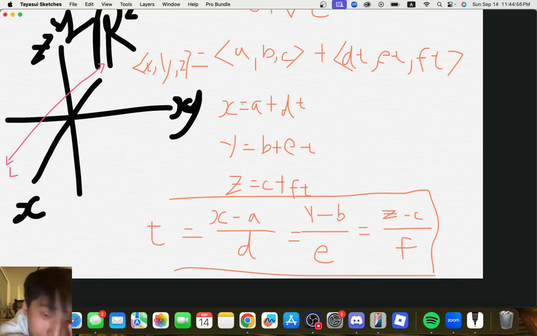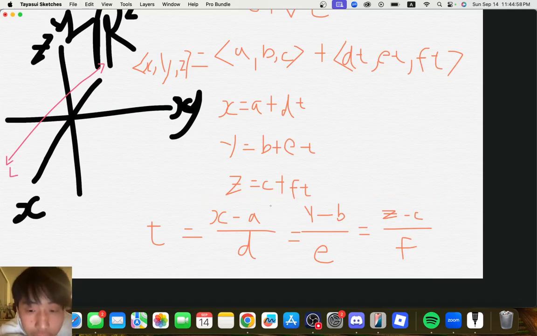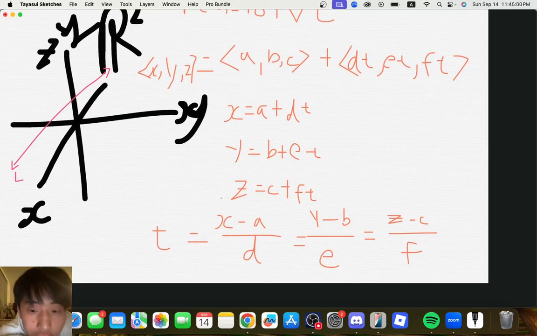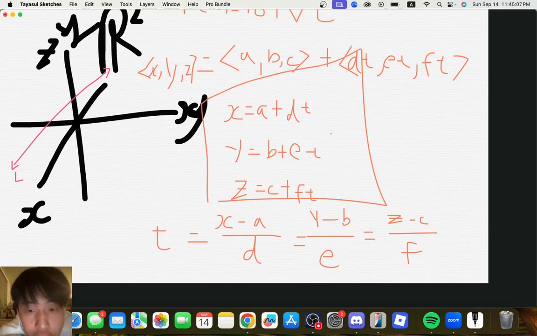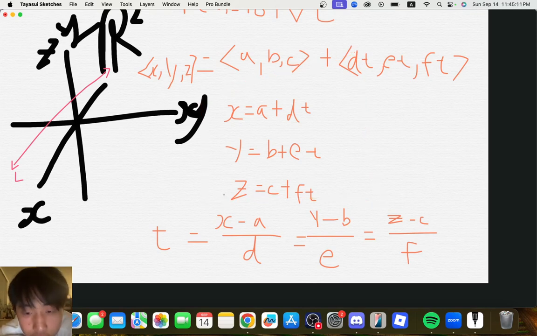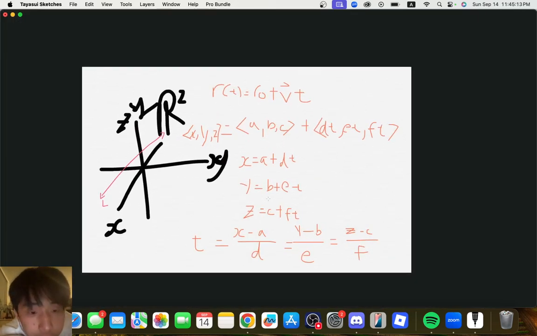and typically you're not really gonna use it. This isn't what you're really gonna use mostly, because these parametric equations are easier to use and more versatile.